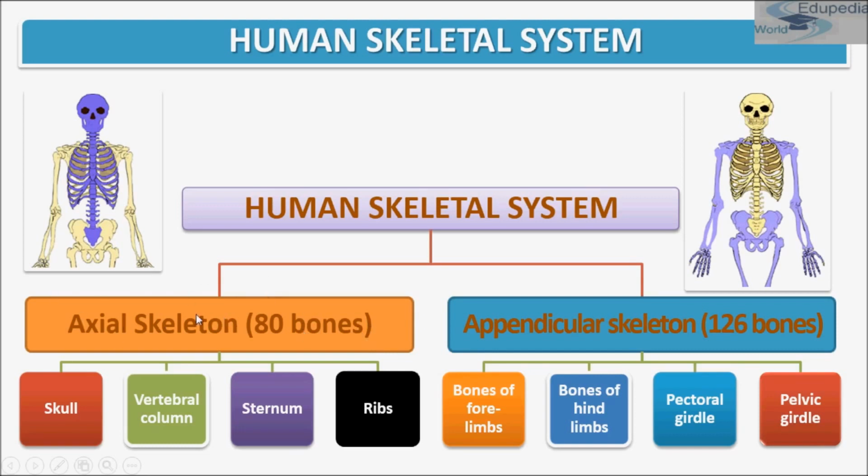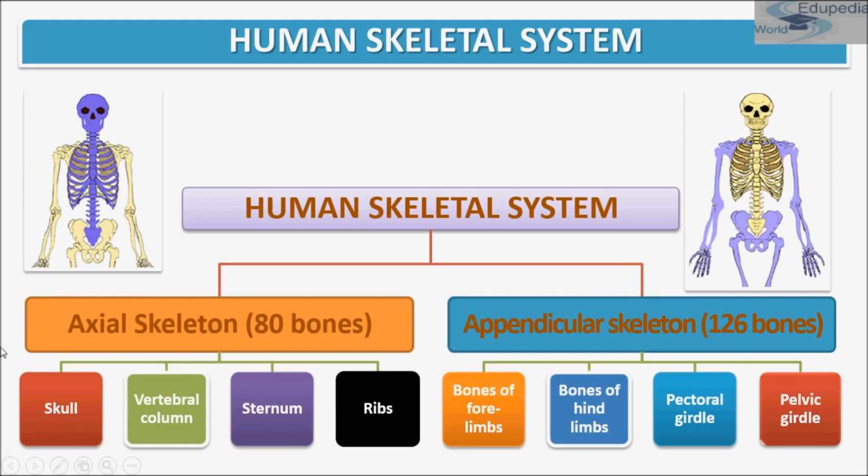It lies along the longitudinal axis of the body and includes the skull, vertebral column, sternum and ribs. Whereas the appendicular skeleton, which consists of 126 bones, has four categories: bones of forelimbs, bones of hind limbs, pectoral girdle and pelvic girdle.